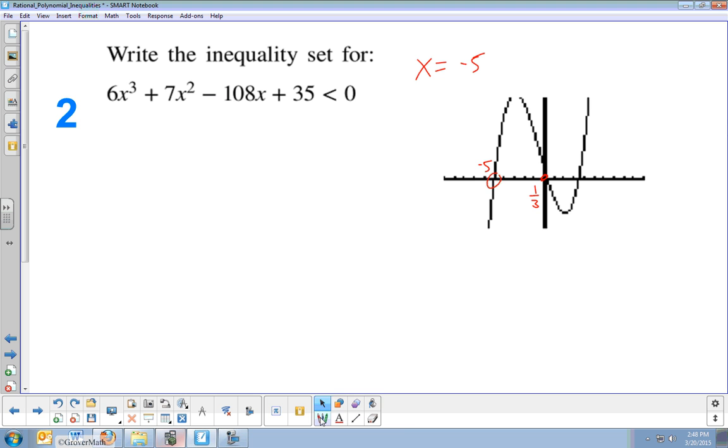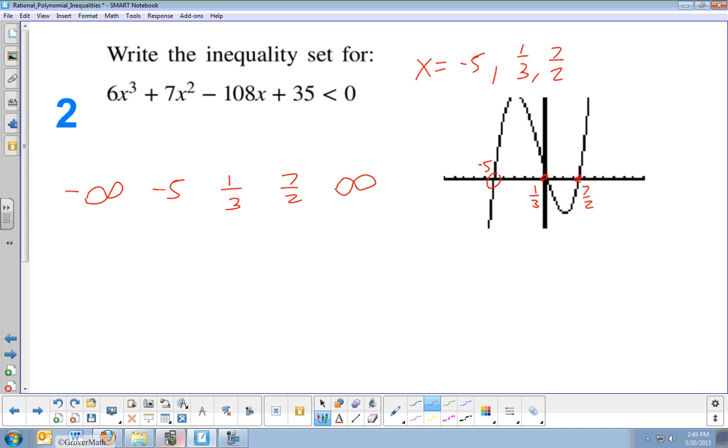So that's my other root, 7/2. And so x equals negative 5, 1/3, and 7/2. All right, so let me list them out again. So I'm going to go negative infinity is the far left, negative 5 is the first one, then positive 1/3, and positive 7/2, then positive infinity.